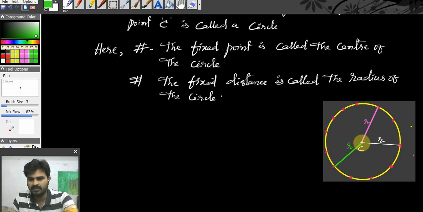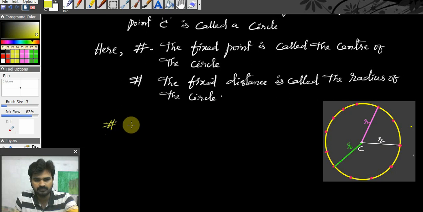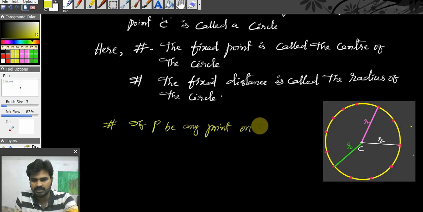Here the fixed point C is called the center and the fixed distance r is called the radius of the circle. Here you have to take one more note. This is a very important condition for the circle: if P is any point on the circle, then what is the condition?